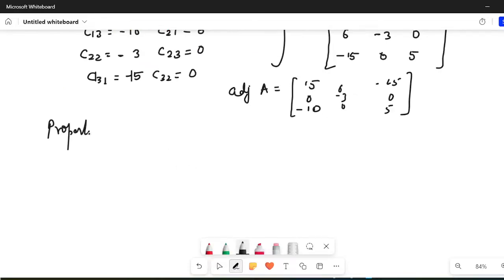So some properties of adjoint. I'll let you know when we are going to lay much focus on them, as those topics are more often asked in the exam.